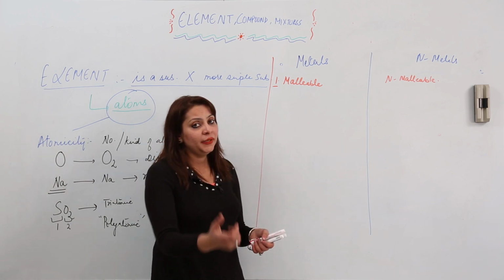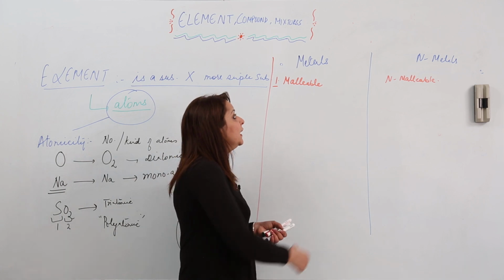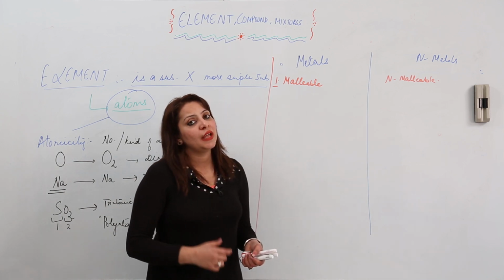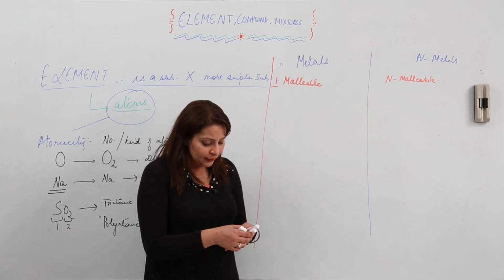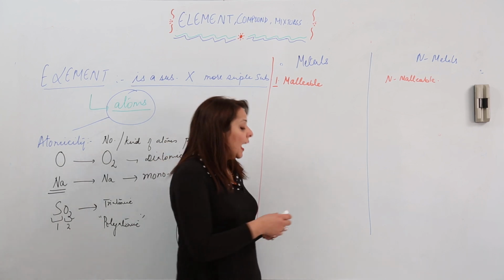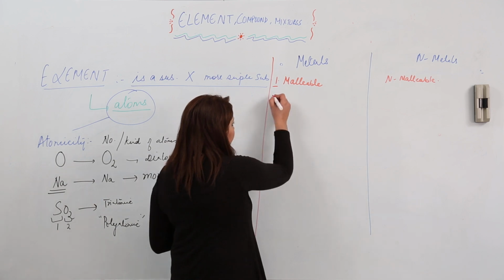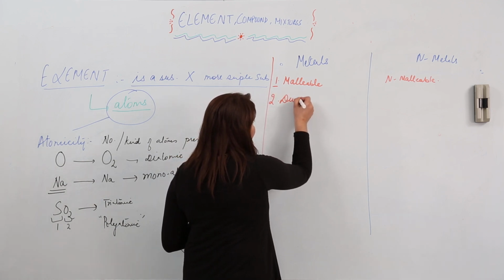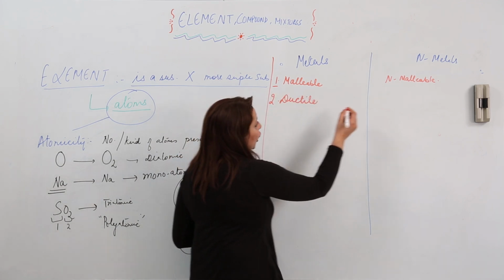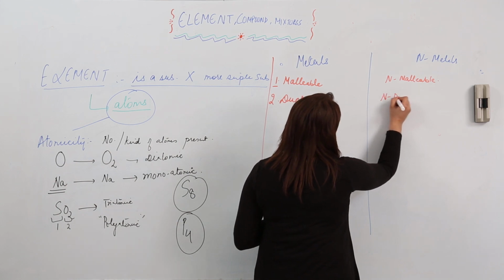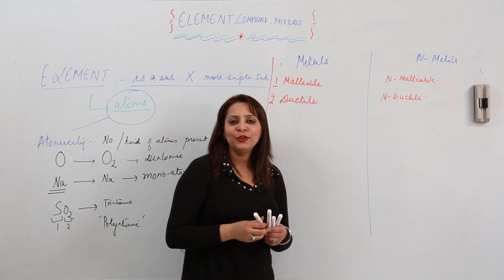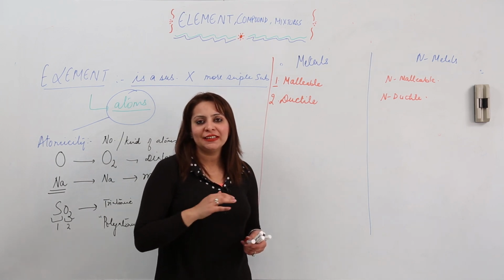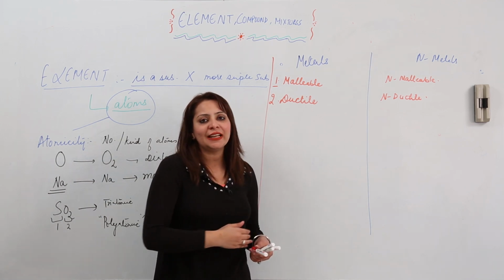So according to the property, we have seen that metals can be beaten into thin sheets and non-metals cannot be beaten into thin sheets. And the second property is metals are ductile and non-metals are non-ductile. Again, it is a new term for you. So how many of you actually know what the word ductile means?